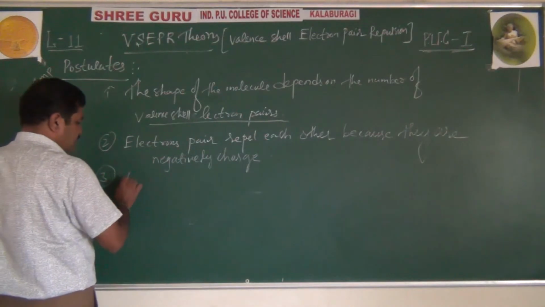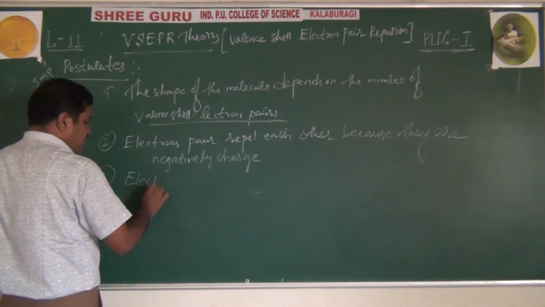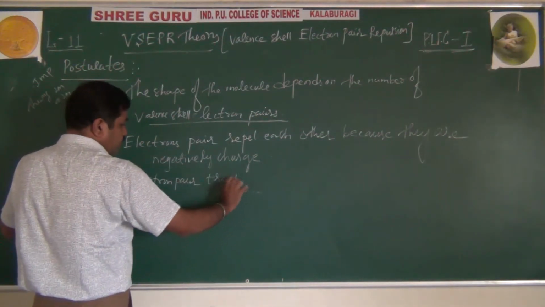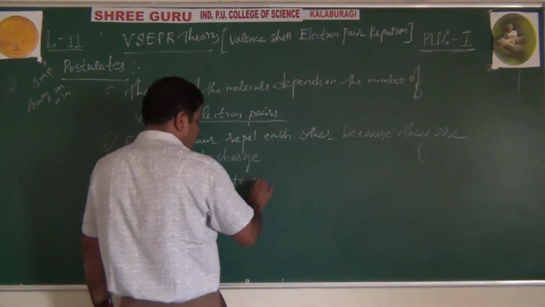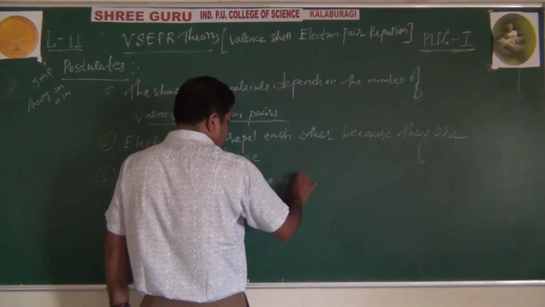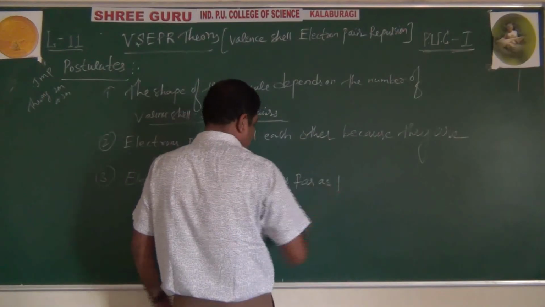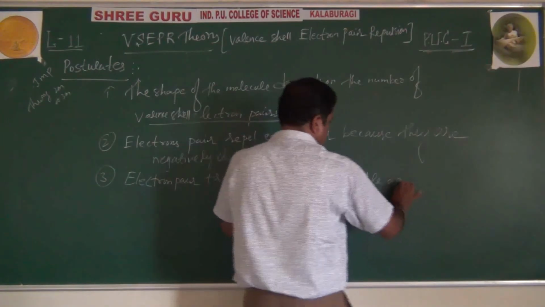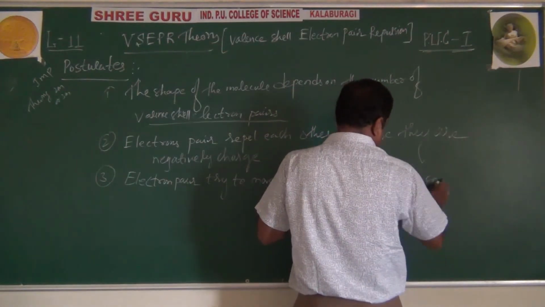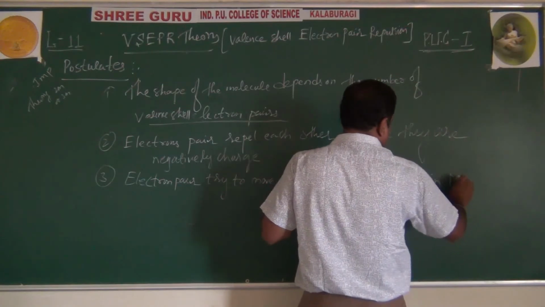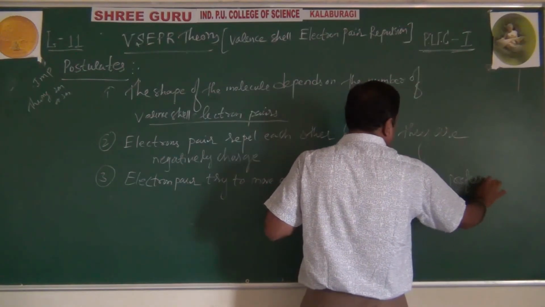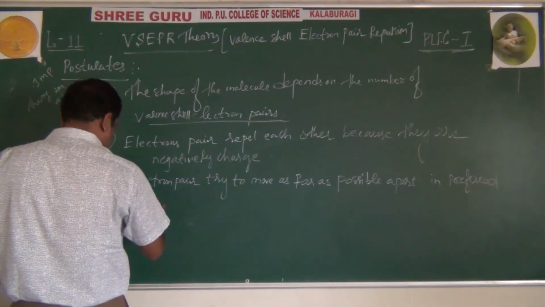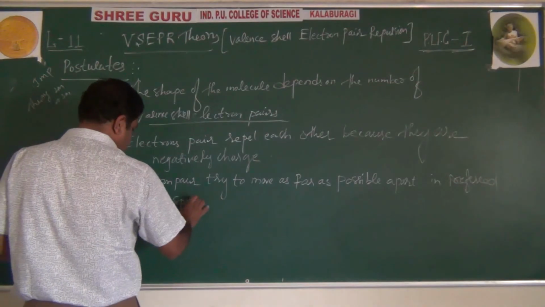And third, very importantly, electron pairs, this is most important, electron pairs try to move as far as possible apart in a preferred direction in space. Space means a 3-dimensional region.